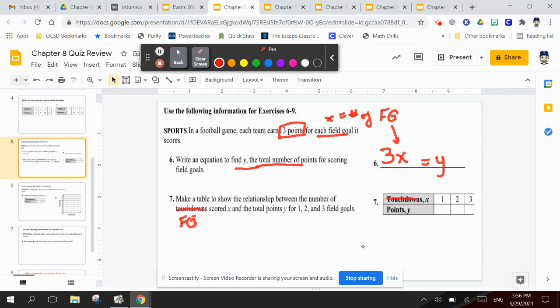So here, this is field goals. So I know if 1 field goal is worth 3 points, 2 field goals would be 3 plus 3, which is 6, and 3 field goals would be 3 plus 3 plus 3, which is 9.